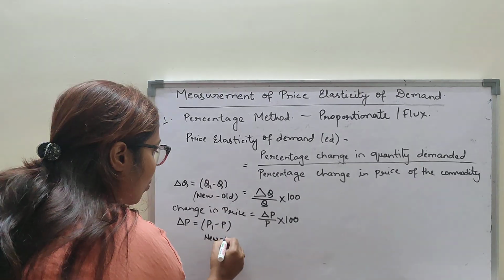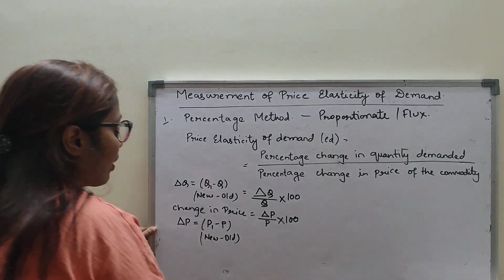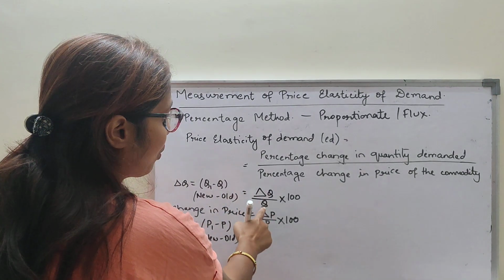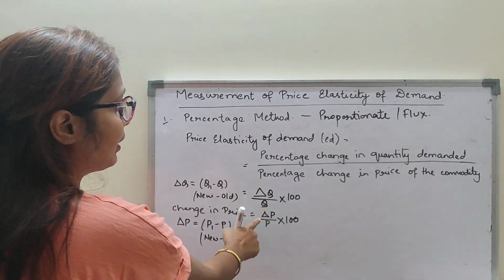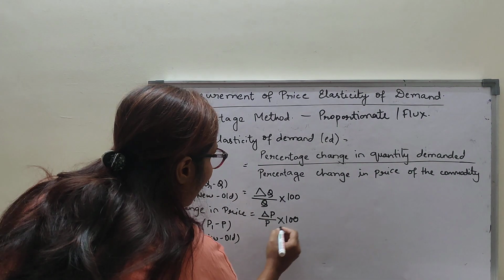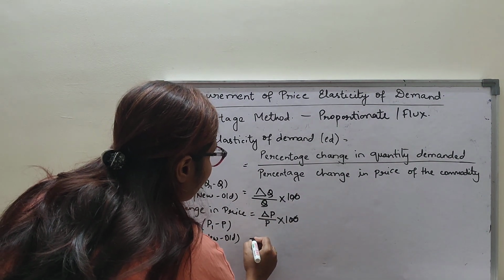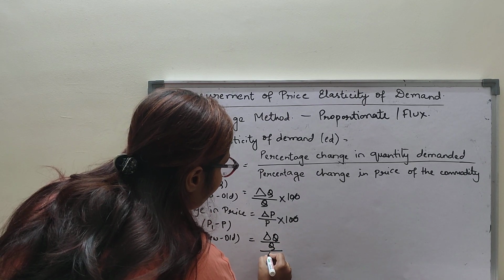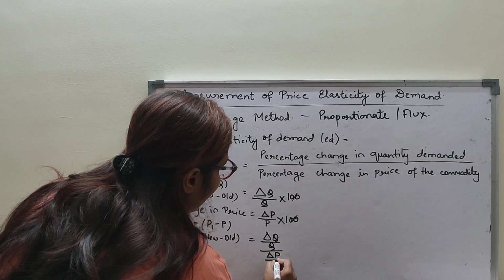New price minus old price. Clear? So this is my delta Q by Q, that is percentage change in quantity demanded, and the percentage change in price is the change in price by P into 100. Now this 100 will be cancelled. Now change in Q by Q divided by change in P by P.